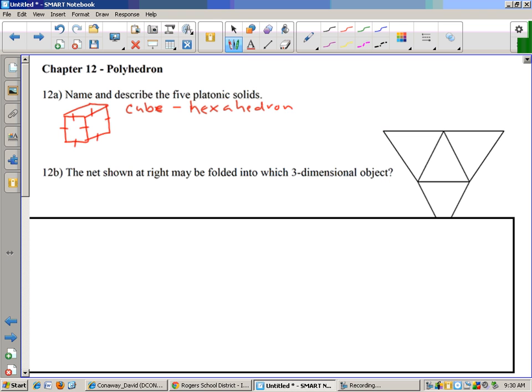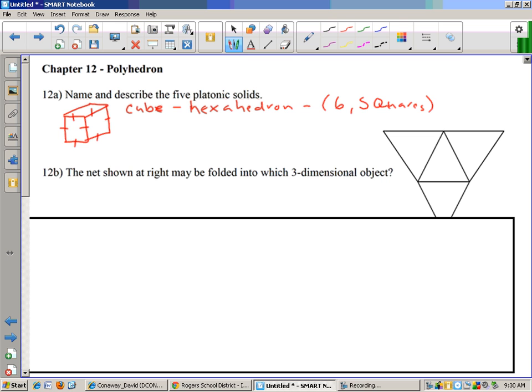Okay, we could also use 4 triangles. So hexahedron is 6 squares. Well, what are we going to use for 4? What word do we use for 4? We talked about this as a video game.